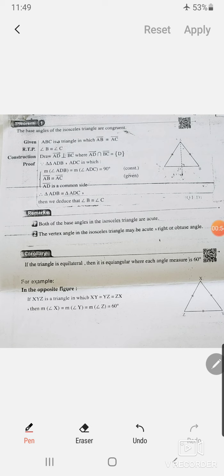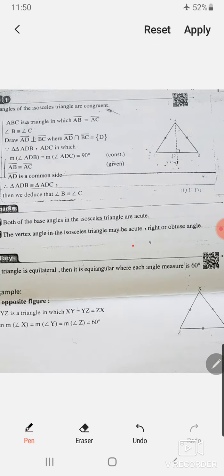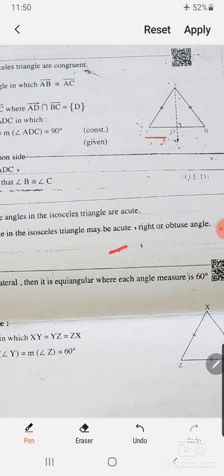Now let's talk about theorem number 1. Before I talk about theorem number 1, here you have a triangle which is called ABC.